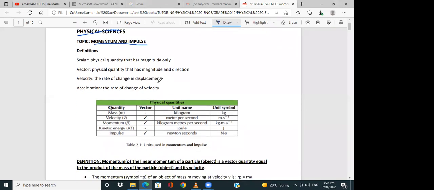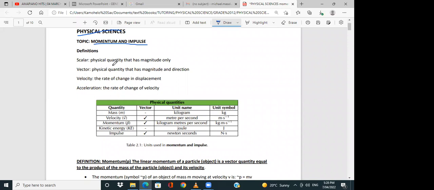Before getting into the gist of it all, I just want to explain a few things. As we know from grade 10 and grade 11, we have physical quantities.